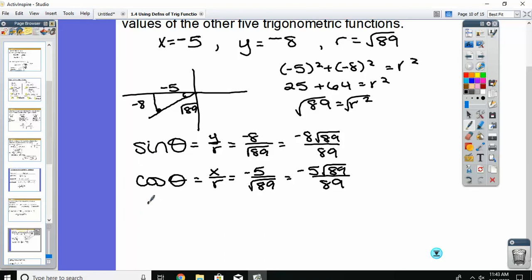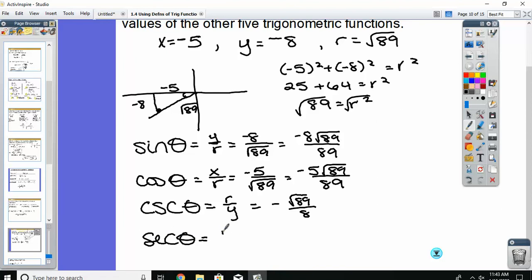Reciprocal of sine is cosecant, so that's my r over y, or if I just flip my sine, negative radical 89 over 8. Secant, r over x, or flip the cosine, negative radical 89 over 5.